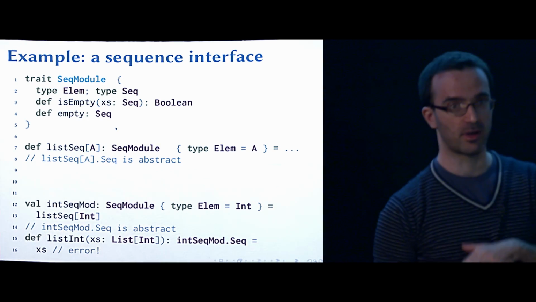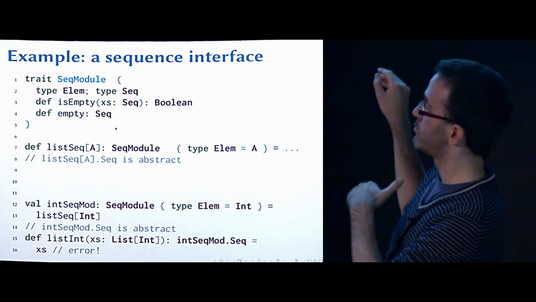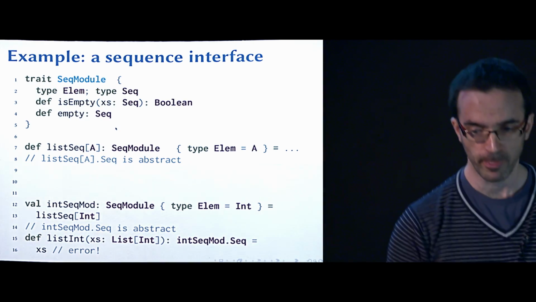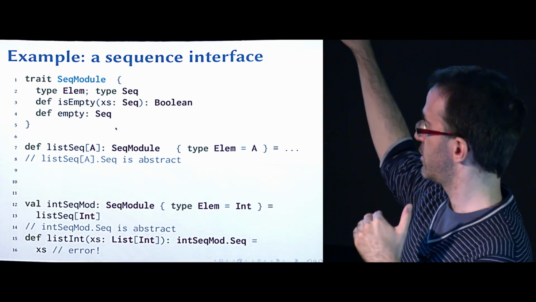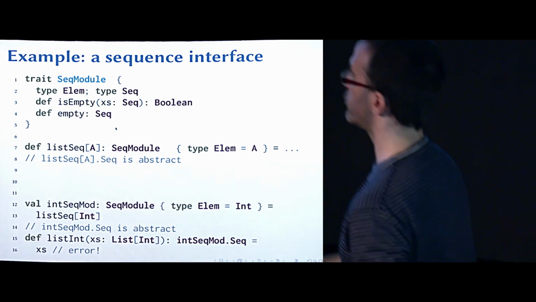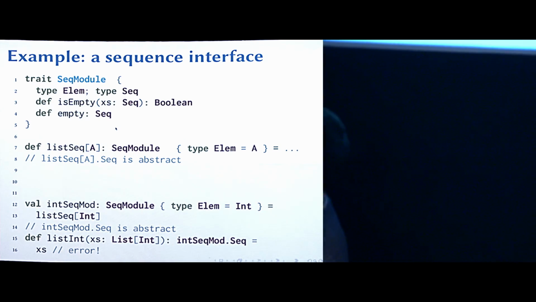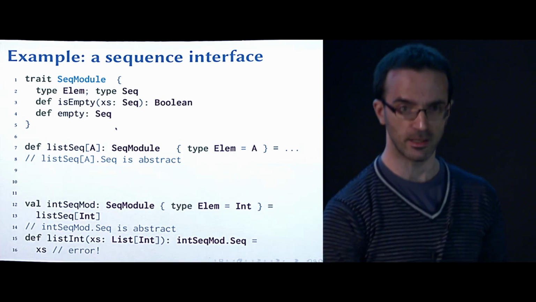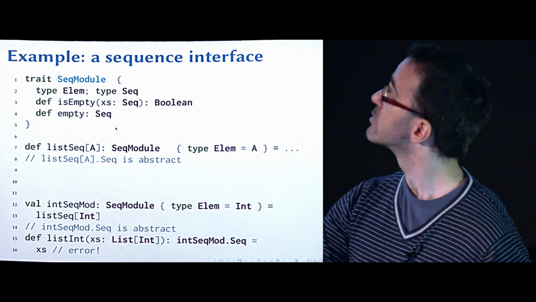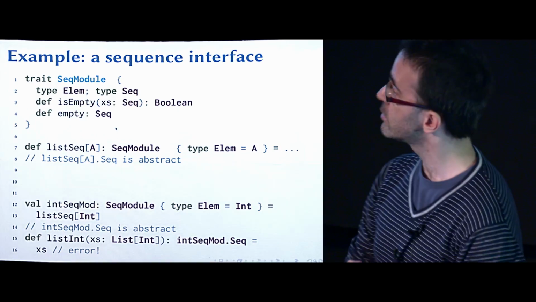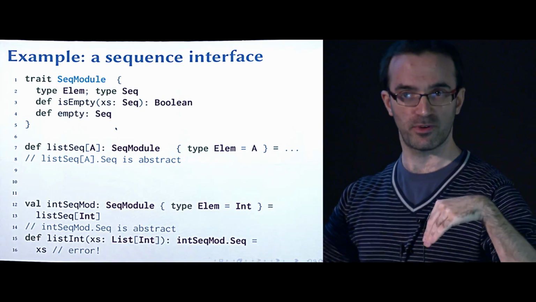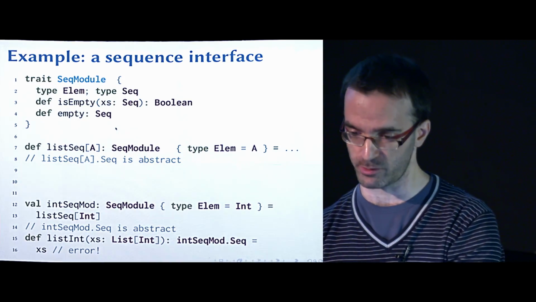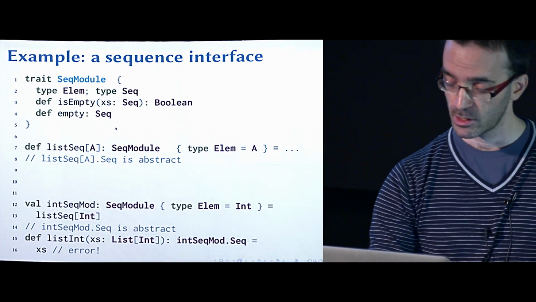However, to preserve abstraction, because this is what in SeqModule.Sig is hidden, an implementation detail, we do not allow converting this list of Int to such a sequence. Okay? So this is the crucial feature of abstract types, which we use for encapsulation. This is one of the core things that we model in Dot.